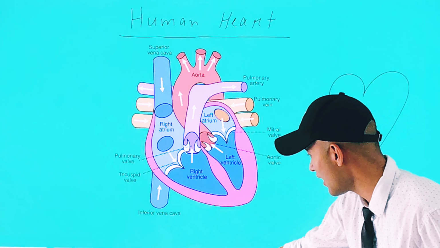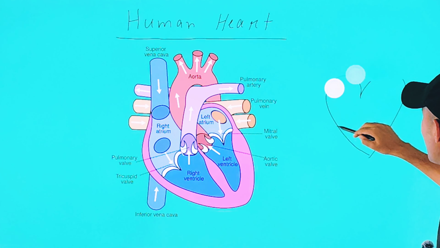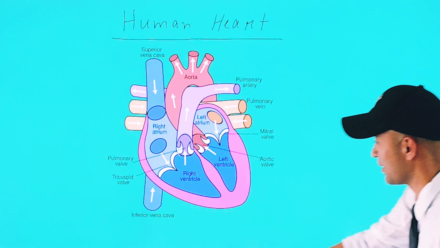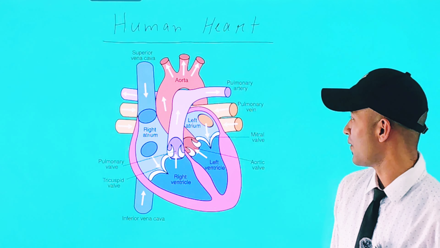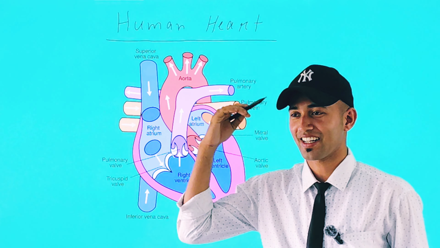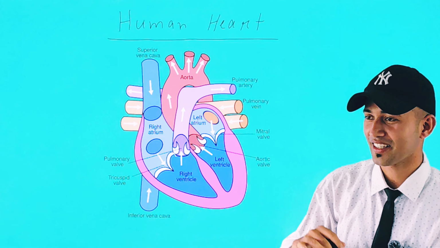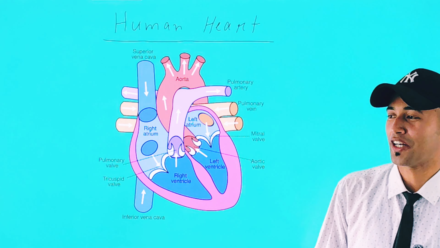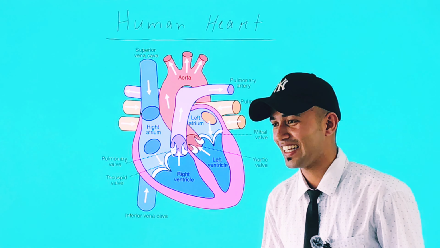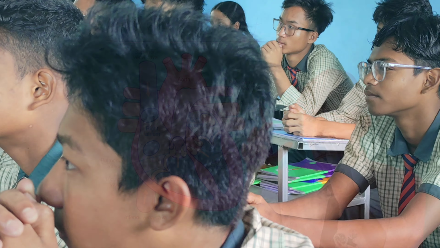So, you might know how many chambers we have in our heart. 4. What are they? So what do you mean by chamber actually? It is a room.